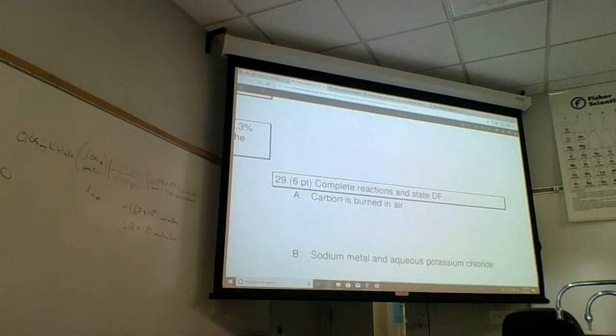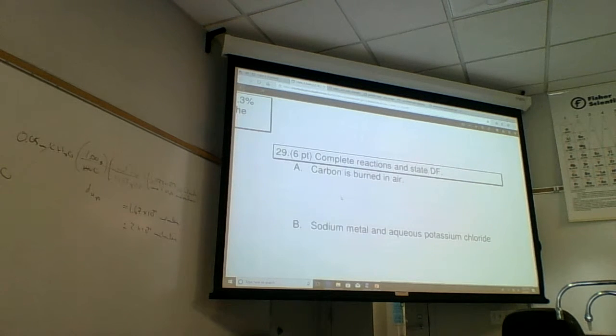29A, carbon is burned in air. Carbon is solid carbon plus air, which would be O2 gas. This one could form different products, for example carbon monoxide gas and/or carbon dioxide gas.